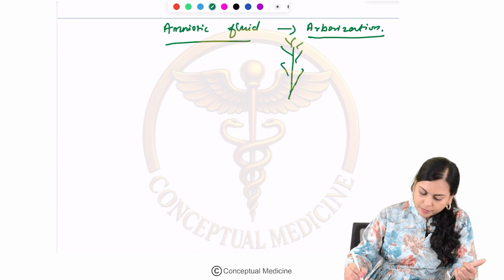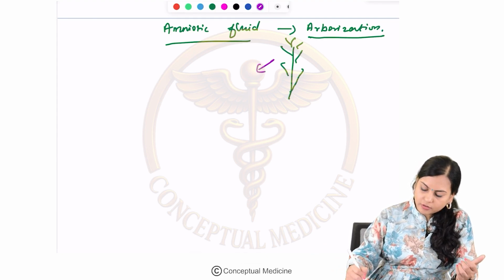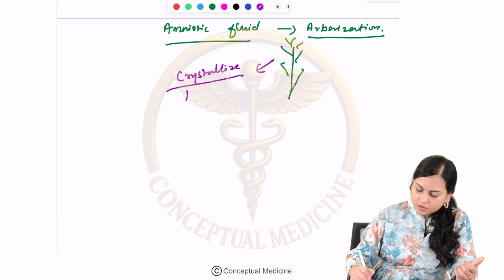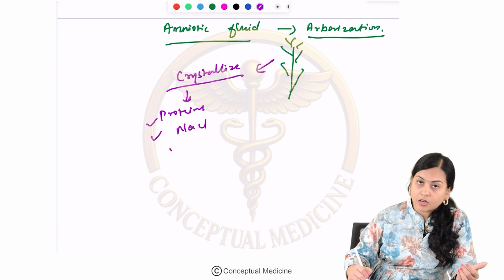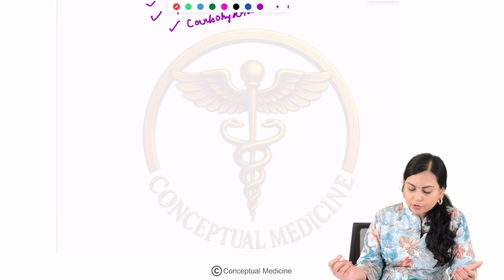Okay. Because it crystallizes, the amniotic fluid is going to crystallize because of the presence of substances like proteins, sodium chloride and carbohydrates.